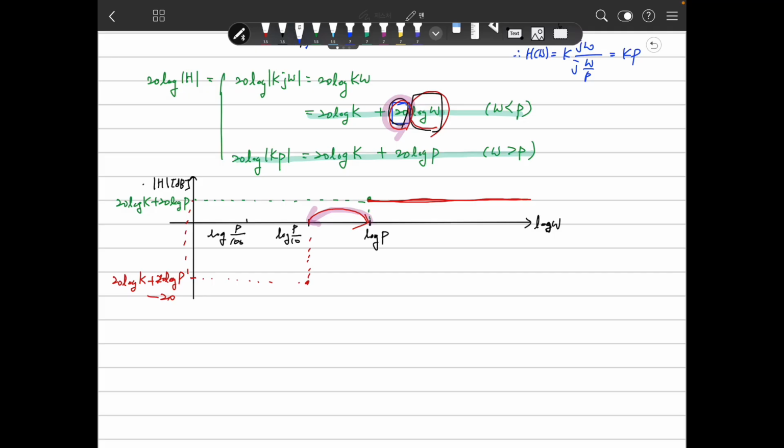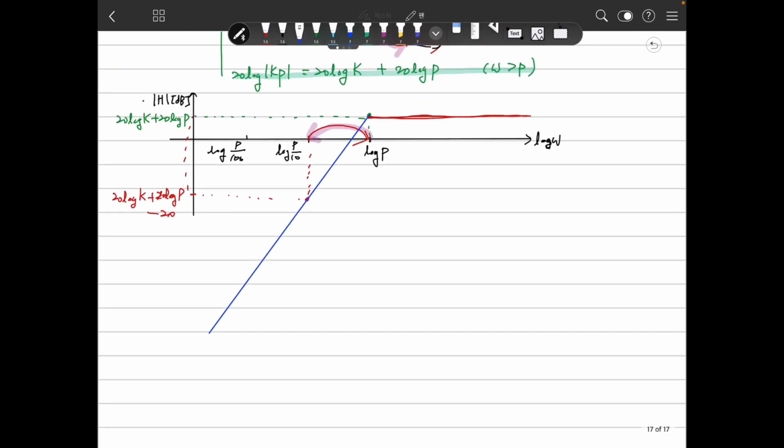So the line over here will be drawn in this manner. Okay. So this is the Bode plot of the magnitude, and the slope of that line is 20 dB per decade.